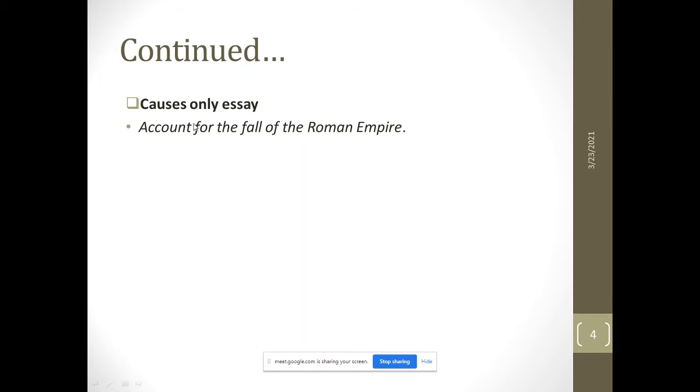Another example of a causes only essay: discuss the causes behind the 1969 race riots in Malaysia. So obviously this is a causes only essay where you're asked to discuss and analyze the causes that led to what is known in the history of Malaysia as the 1969 race riots.